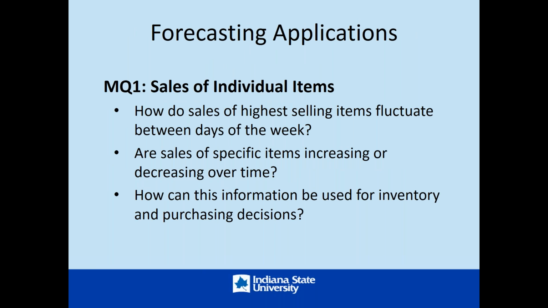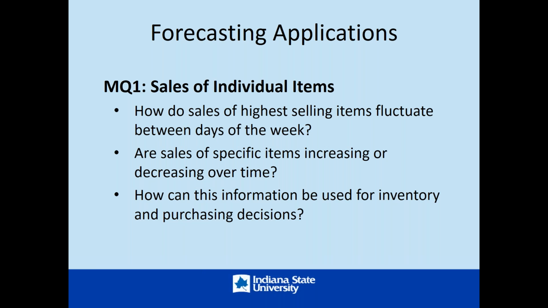I want to talk about some forecasting applications. And the one I'd like to start with is the sales of individual items. So one of the questions the cafe staff wanted to address had to do with the fluctuation between days of the week.